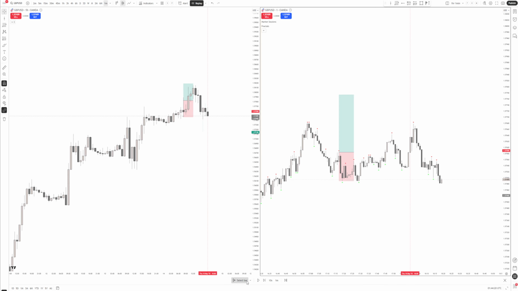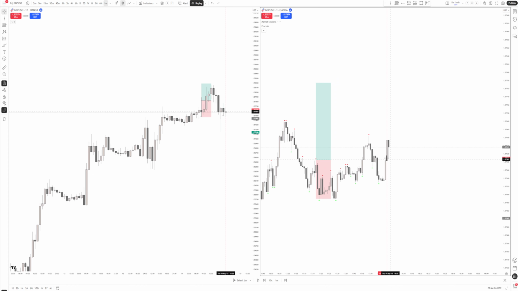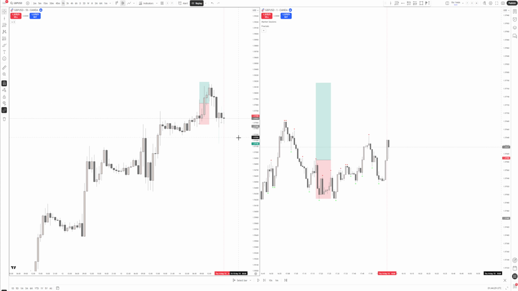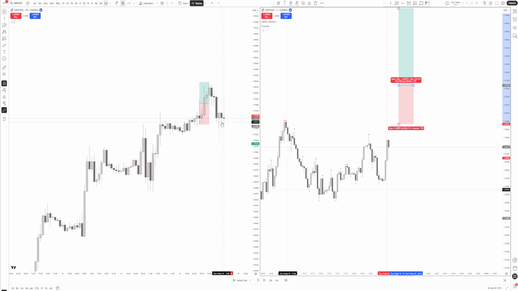So had we waited for a fresh one to open, which happened about there, what's our bias at the moment? You can see we've closed bearish. We've got wick on the upside, we got some wick rejections here.